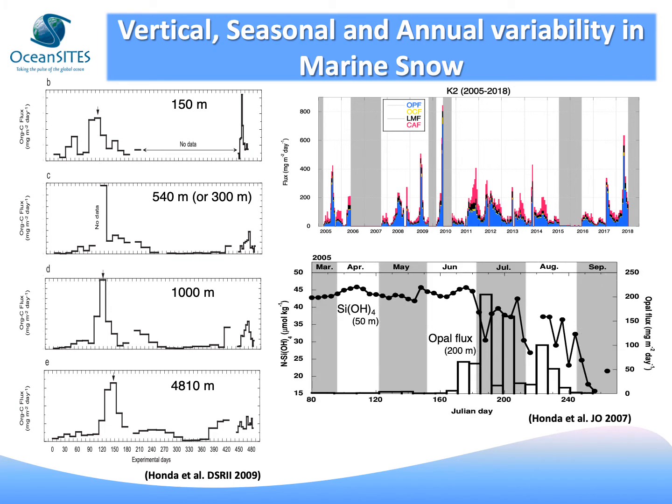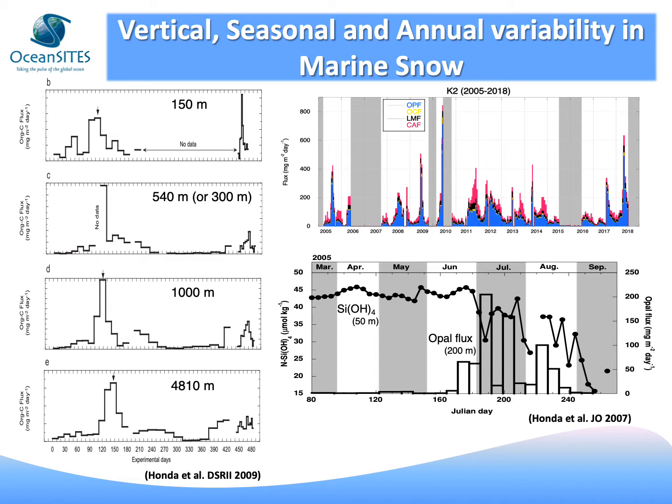This figure shows temporal variabilities in dissolved silicate, Si(OH)4, concentration at 50 meters, line graph, observed by automatic water sampling system, and biogenic opal flux at 200 meters, bar graphs, observed by sediment trap.